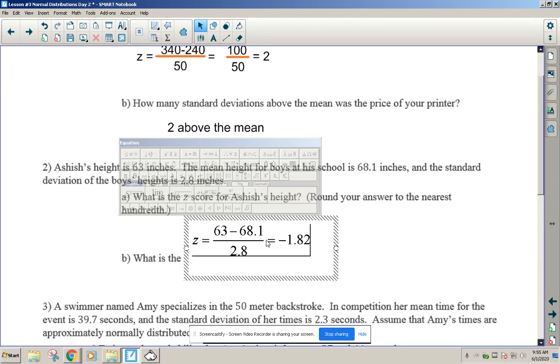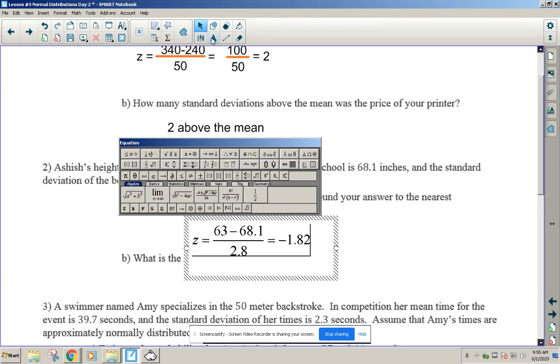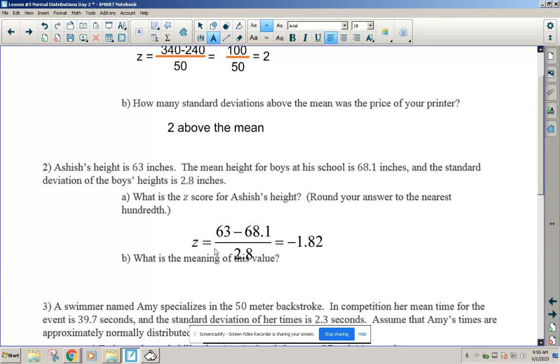So what does this mean? This means that this boy, Ashish, is 1.82, almost 2 standard deviations below the mean.